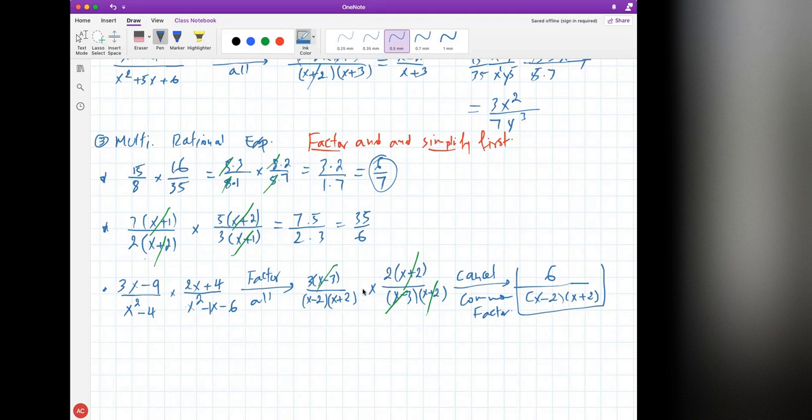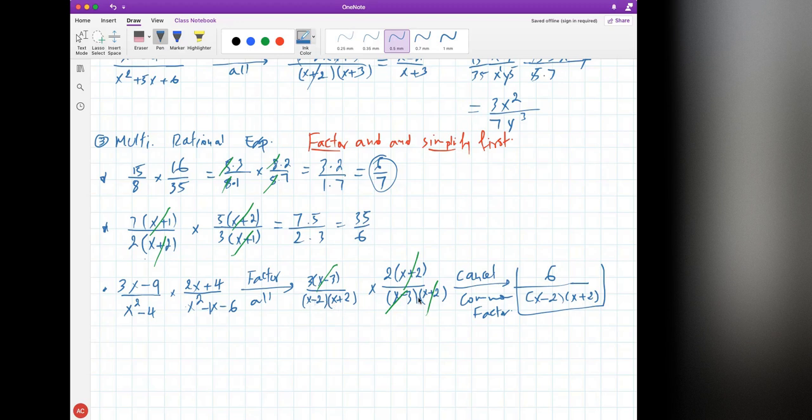Sometimes maybe everything will cancel out like this. Maybe all x's will cancel out and end up with just a regular fraction with numbers. If not, you may have some factors left here, but that's fine. Again, no need to distribute. Just leave that alone. So we multiply 3 and 2, that's good. But x minus 2, x plus 2, that's fine. You can leave it like that.